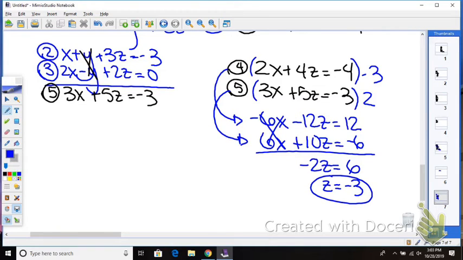Yes? Okay. Now we need to go back to 4 or 5 and plug in -3 to solve for x. So you guys do that, pick whatever you want, and let's see if we get the same x value.